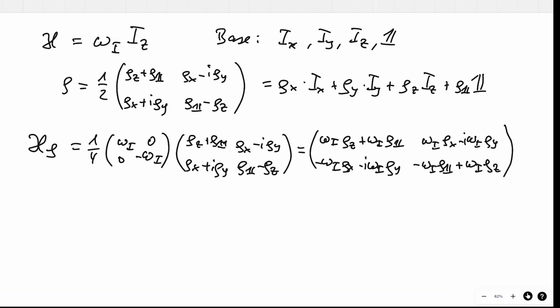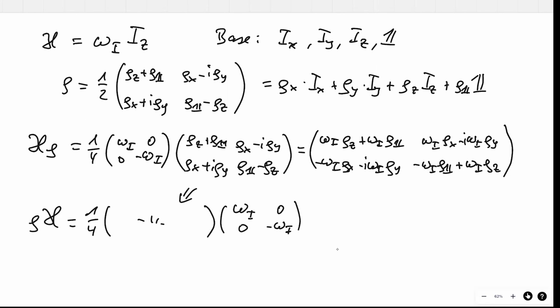Then rho times H, and times omega I, minus omega I, 0, 0.